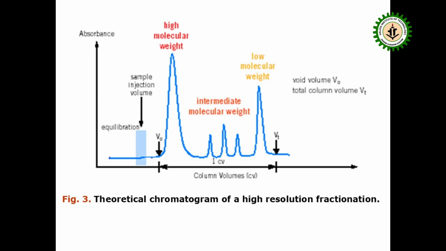Here we have the void volume V0 and the total column volume Vt; all the molecules included in the column will be eluted within one column volume of the gel filtration media.